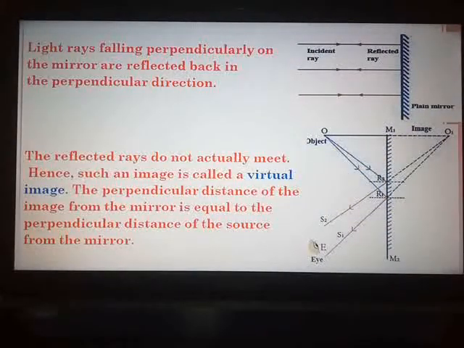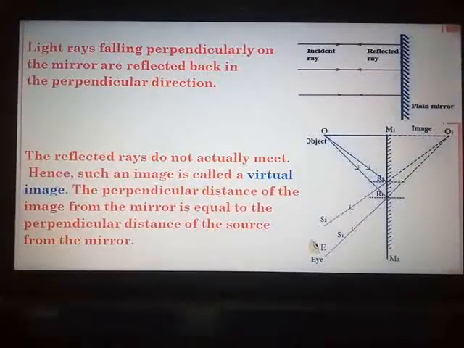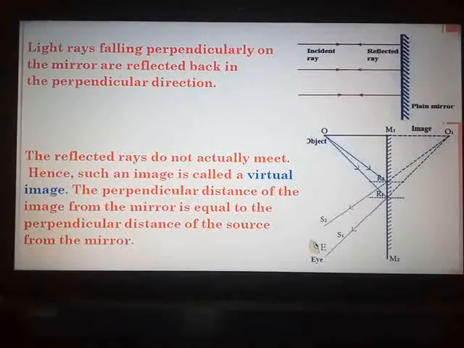Other rays starting from the point source O also get reflected and appear to be coming from O1, and thus this point O1 is the image of point O, or whatever the object is. I hope you have understood.